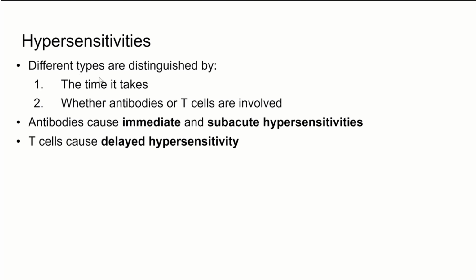Those two types are distinguished by the time it takes for the reaction to occur and whether it's antibody driven or T cells are actually involved. If antibodies are causing it, it's called an immediate and subacute hypersensitivity. If T cells are the cause, that's where we see the delayed hypersensitivity.